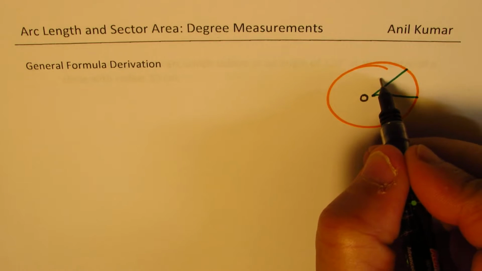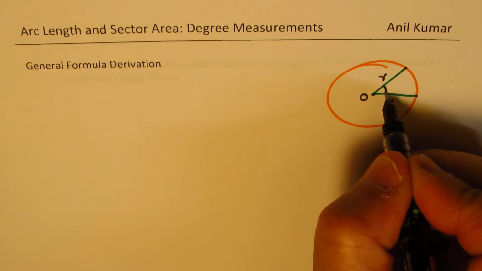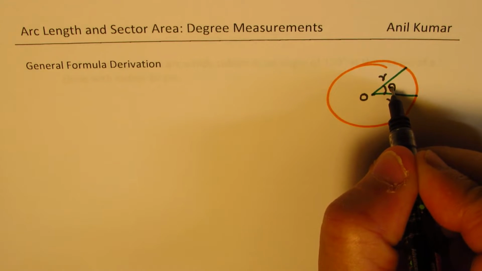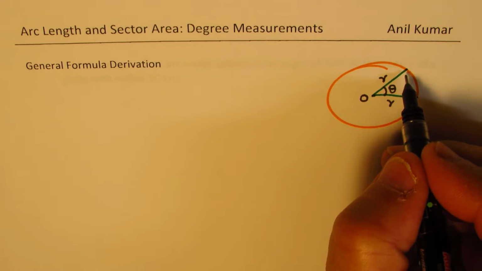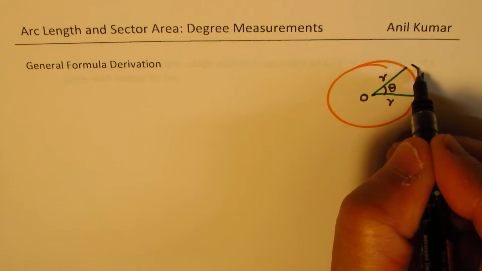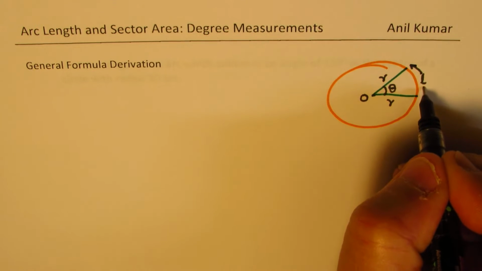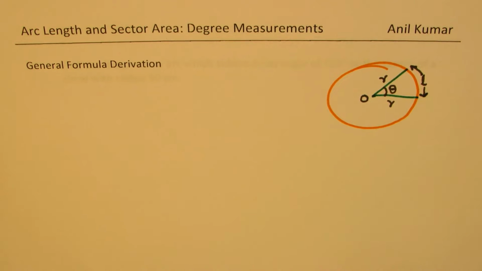Now that is the radius, length R. This is R. The angle subtended at the center is this theta, right? And the arc length is what we are talking about. Let's call this as L. So this is the arc length. Right?